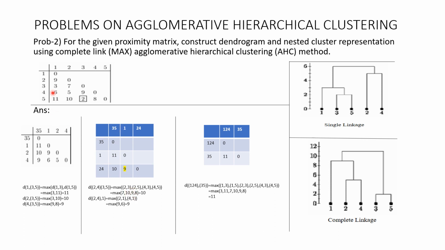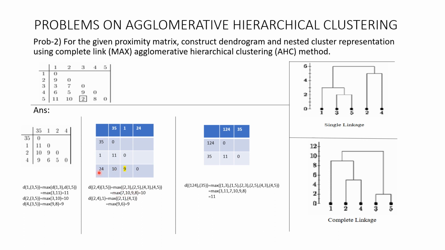Please see this matrix. 2 comma 3: what is the distance? 3 comma 2, same, it is 7. 2 comma 5, meaning 5 comma 2, is 10. Then 4 comma 3 is 9. Then 4 comma 5, same as 5 comma 4, is 8. So the maximum among these is 10. That's why 10 is coming here.